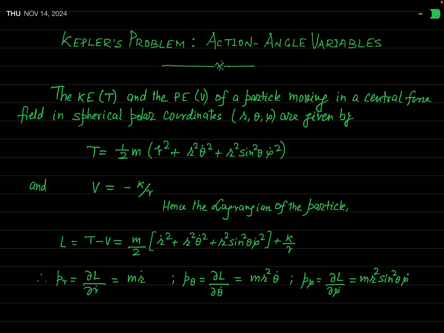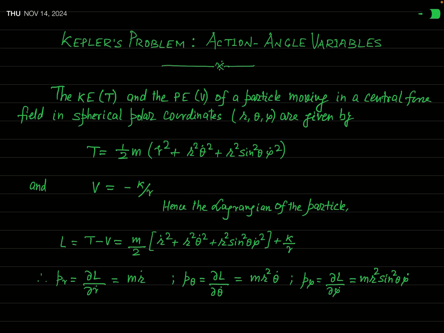Our basic aim in this lecture is to prove Kepler's third law by the use of action angle variables. This is a very important problem, and also very important for your examination.